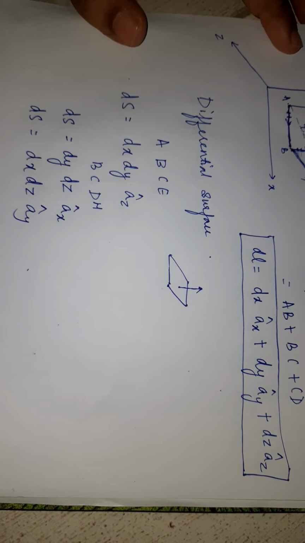Then next, if there is a length and a surface, there has to be volume. Let's talk about volume, that is differential volume.